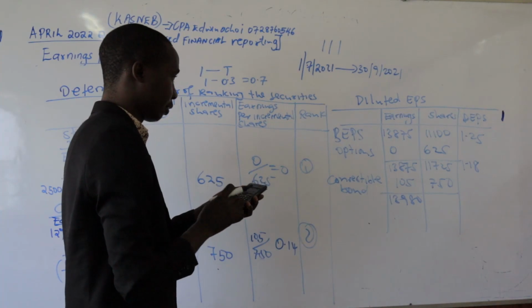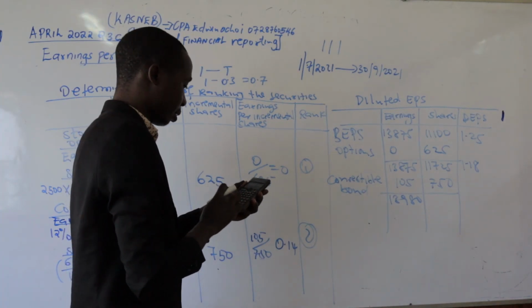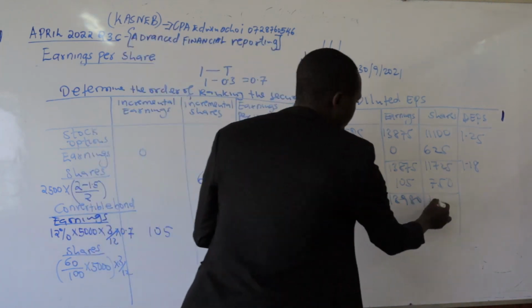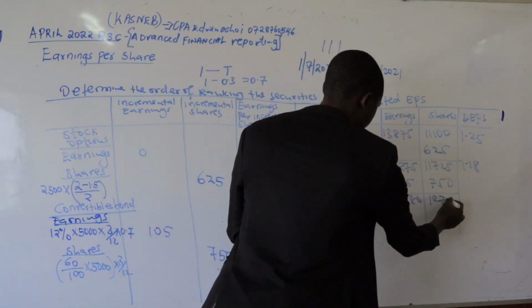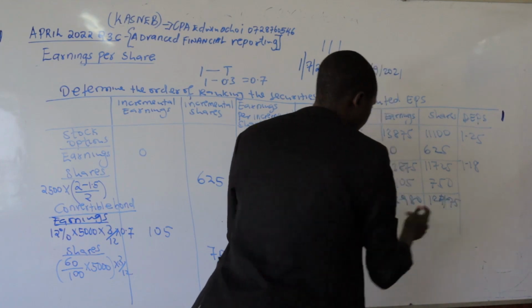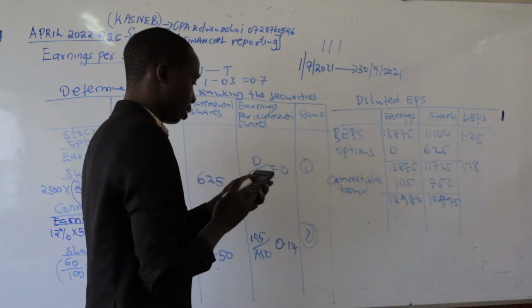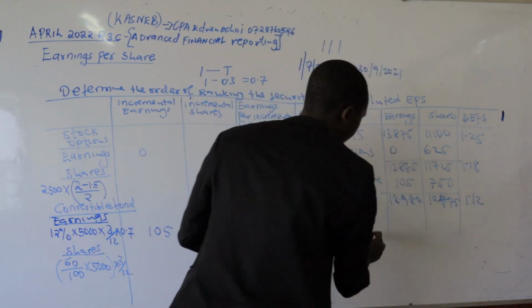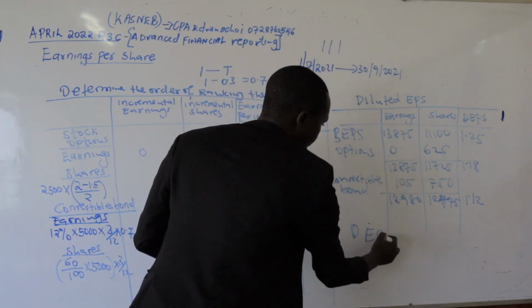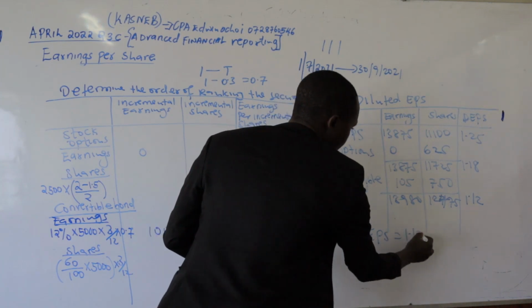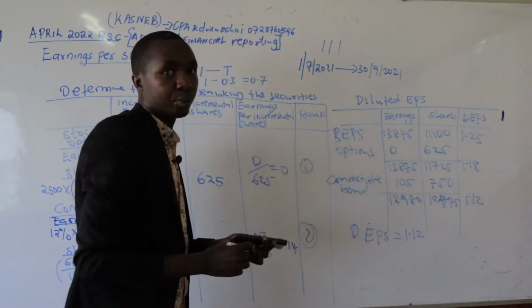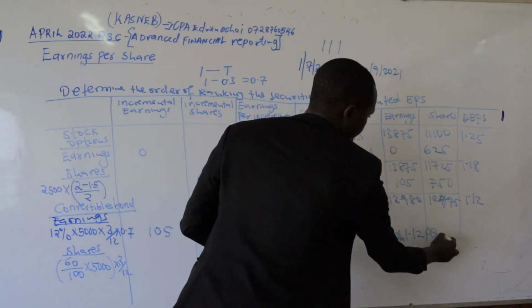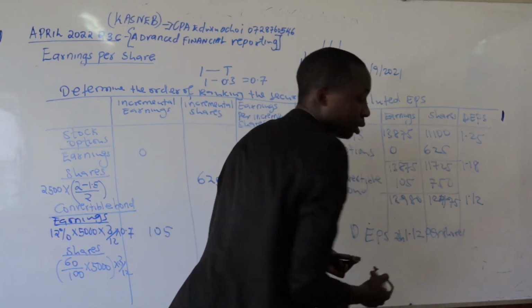Then 11,725 plus 750 is 12,475. So I take 13,980 divided by the answer. That is 1.12. So the diluted EPS is 1.12 per share. So that is how you were supposed to do this question.